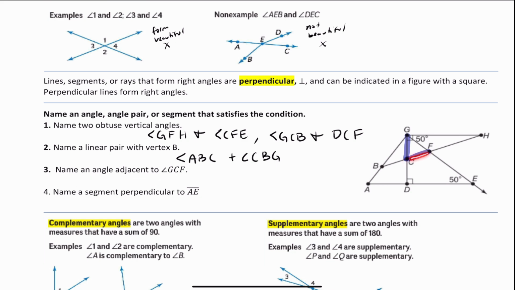So here's my vertex right here, and then here's my side. So can I say angle FCD? Or maybe we can consider this. Well, they share a common point. They share a common side here. What about this angle, angle BCG?